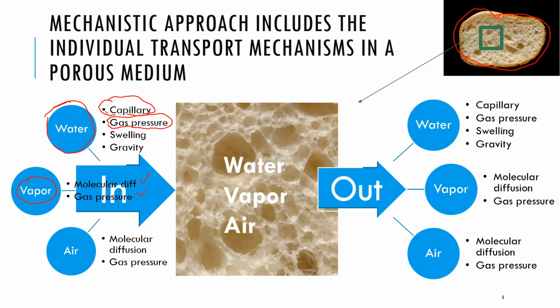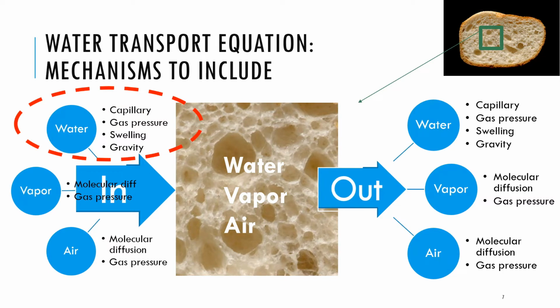So for each phase, we'll consider the actual physical mechanism for it. So in using those mechanisms, we want to do a control volume analysis where we write equations for what's coming in and what's going out for each one of the phases: water, vapor, and air. So first we write this for the water phase.